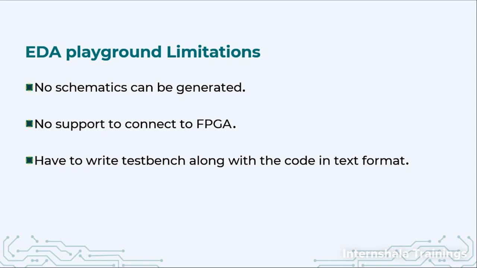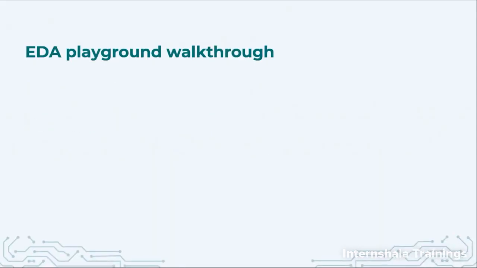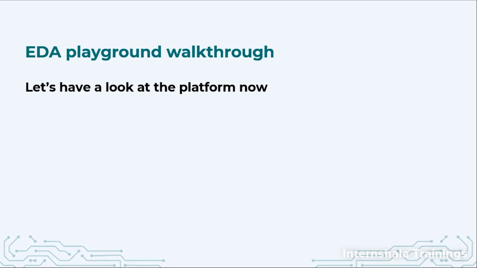You have to write the test benches, and without writing the test bench, you cannot even check the syntax of your Verilog code, and it requires internet. So if you are offline, then you cannot work. So we have some good advantages as far as coding practice is concerned, but it is not a complete replacement of Vivado.